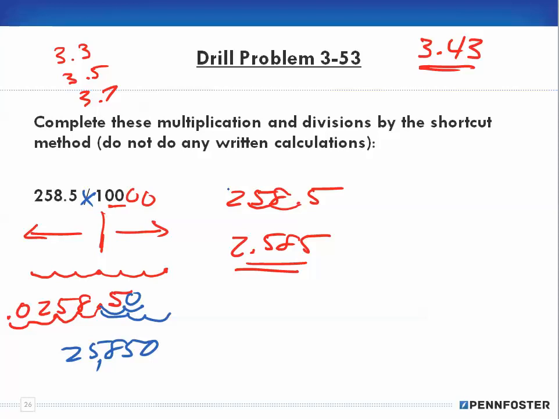But if I take 10 times that amount, then it's going to be 2,585. 100 times that amount is going to be 25,850. It's just a little common sense. But by using the shortcut method and just moving the decimal places, we can save ourselves from actually doing all of the math to prove it.